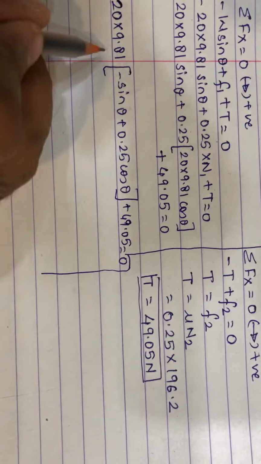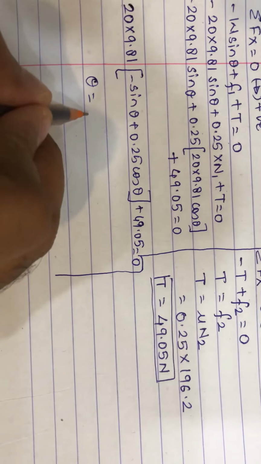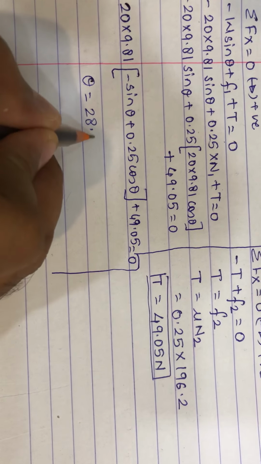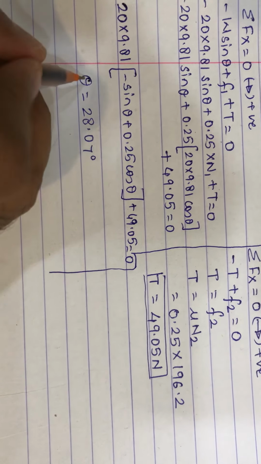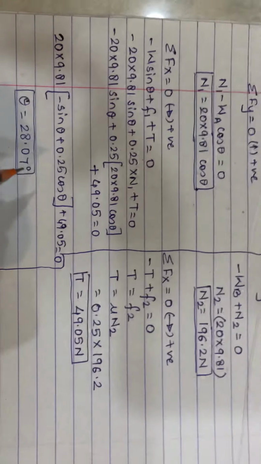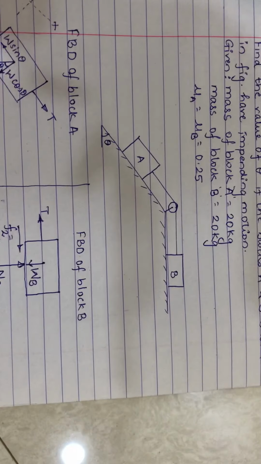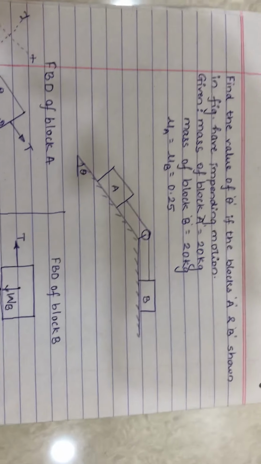When you solve this, you get theta equal to 28.07 degrees. With this problem, I hope you are able to understand how to solve it. Thank you.